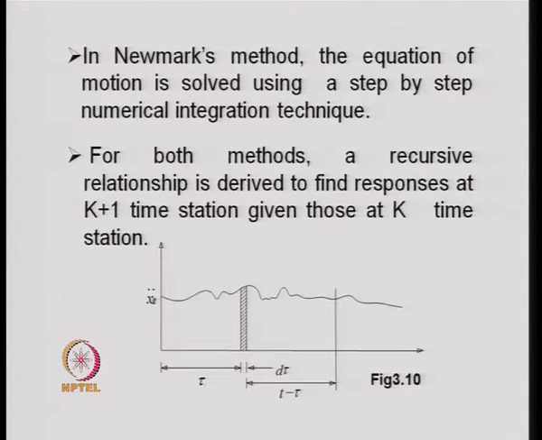Now, as all of you know, the problem of applying an impulse to a single degree of freedom system is equivalent to imparting a velocity to the system. So, we can conceive the problem as a damped free oscillation with an initial condition of displacement and an initial condition of velocity.